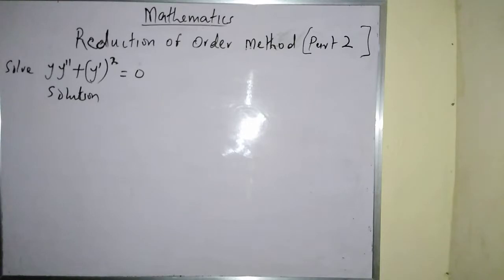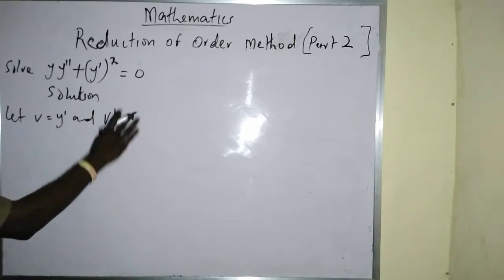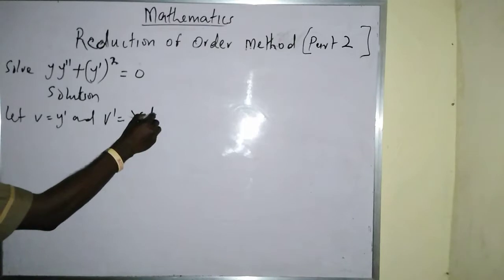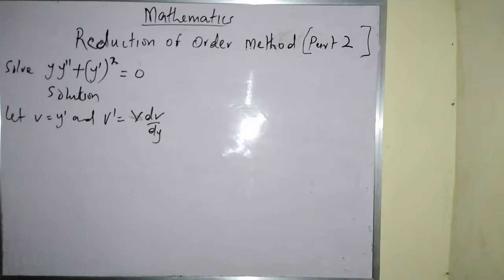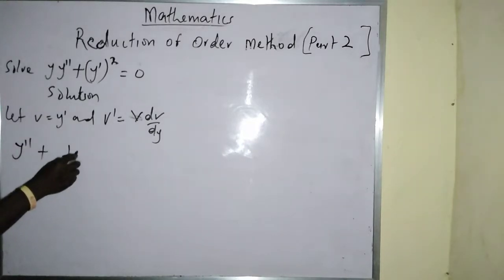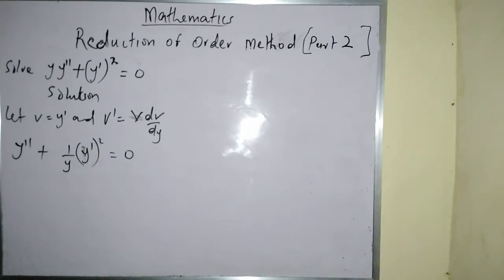What I will just do is let v equal y prime and v prime equal to dv over dy. That is very, very simple. Now I'll be having y double prime plus 1 over y of y prime squared equals 0.